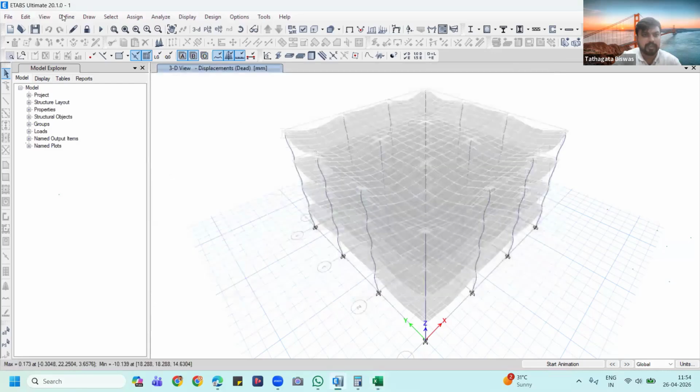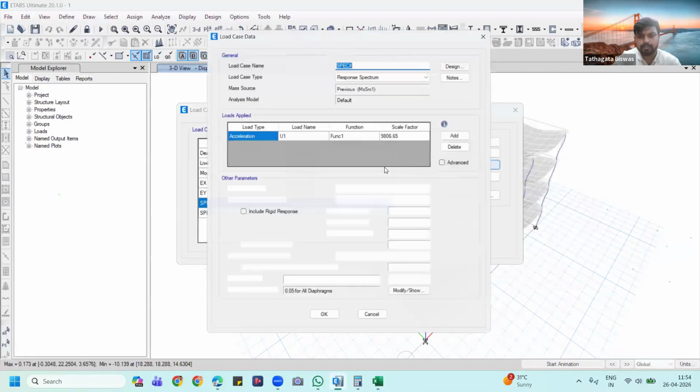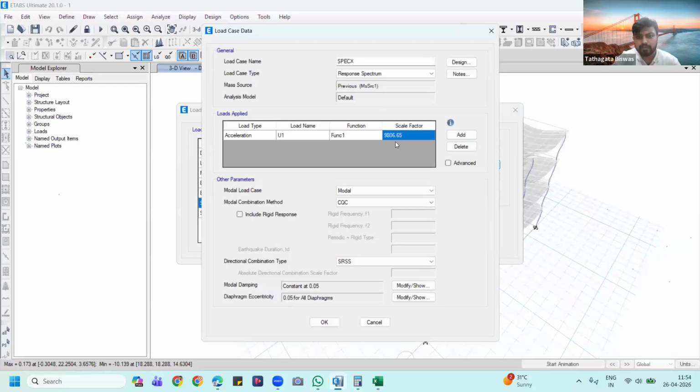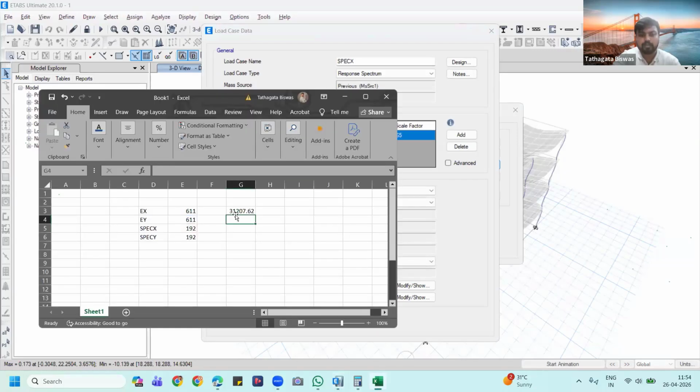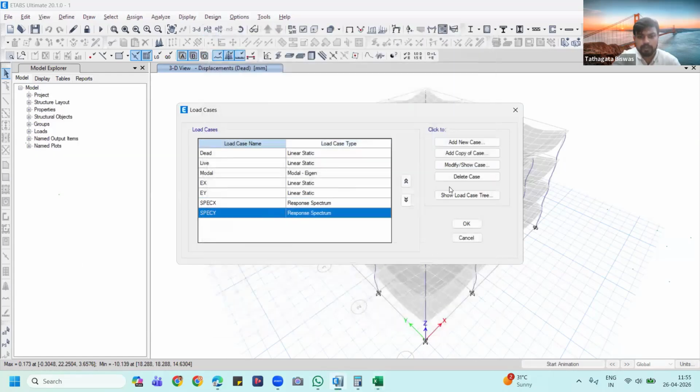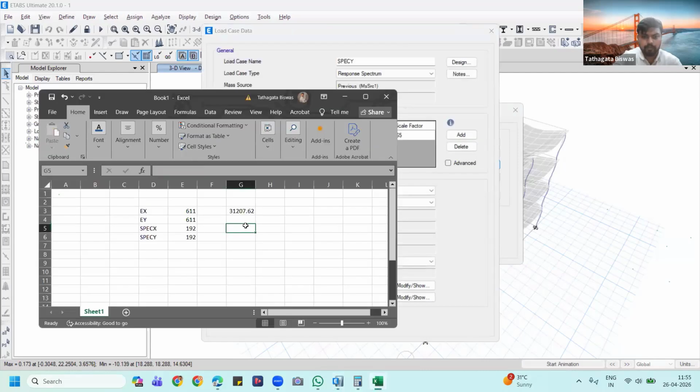Because that is the current scale factor that we have, which is the gravitational constant, right? 9806.65. So the result is 31,207.62. Similarly for Spec Y, it is the same scale factor because the values are the same, so I'm not doing it again.